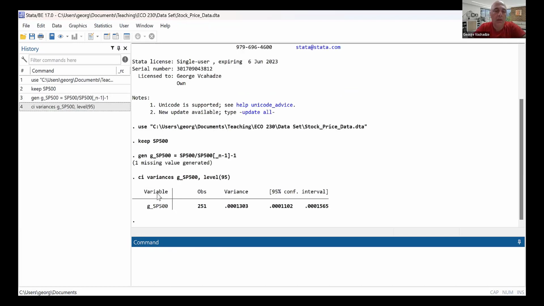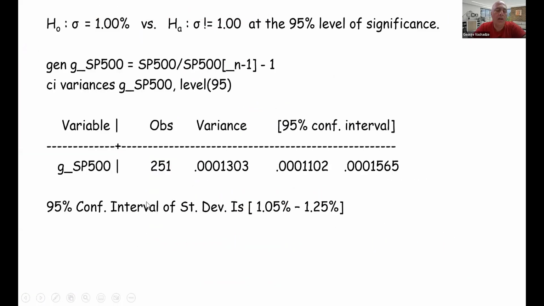So on the table generated by STATA, I see that the 95% confidence interval for the sigma square, translated to standard deviation, is 1.05% to 1.25%.